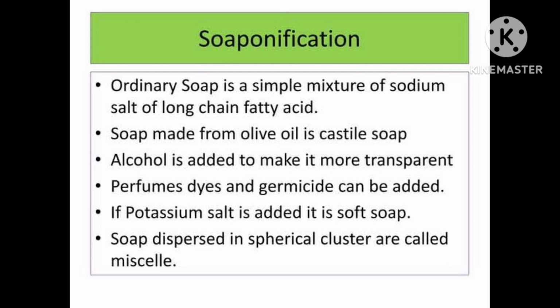Suppose calcium bicarbonate is there, then the molecular mass of calcium bicarbonate is 162. Now 100 gram of calcium carbonate will always be fixed, because you want to convert and express in terms of calcium carbonate.